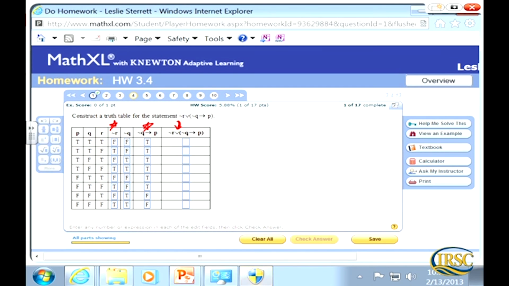Good. So in the first row, false true is true. True true is true. False true is true. True true is true. False true is true. True true is true. False false is false. And true false is true.